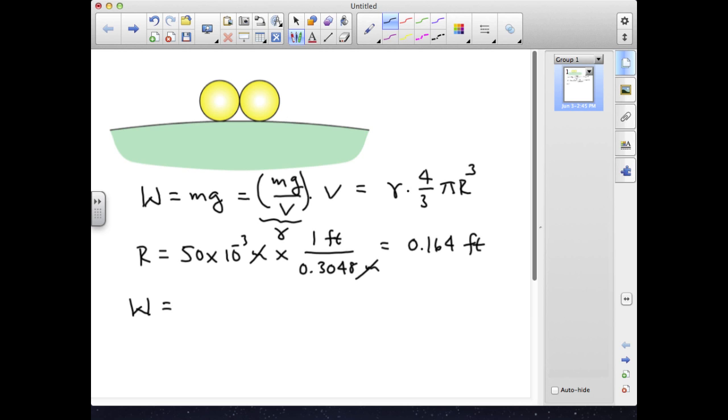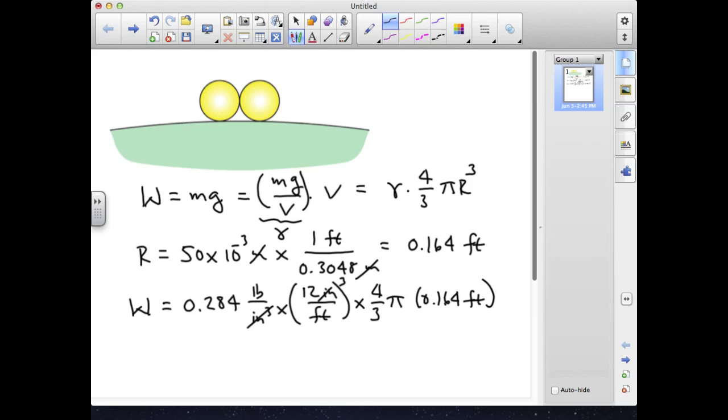The weight then is equal to gamma, which is 0.284 pounds per inches cubed times 12 inches per foot, and we have to cube that so that the inches cubed cancels here and here, multiplied by 4/3 pi times 0.164 feet cubed.